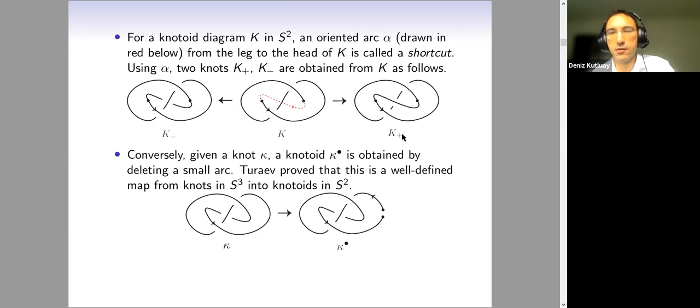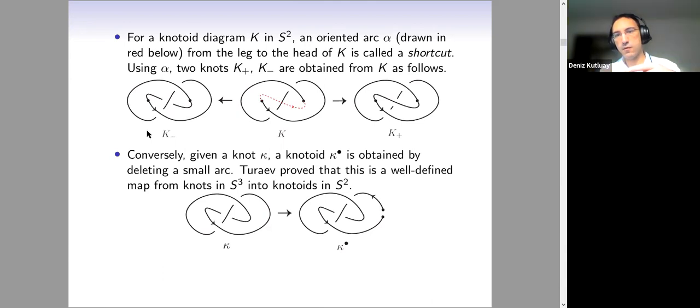Yes, that is correct. But what I'm saying is that if you forget about the K plus and only look at K minus, K minus is a well-defined knot, independent of the choice of the shortcut alpha. I can choose it something really weird, like it goes all the way around, but still, if you let it go under everywhere in that picture, this K minus, you can isotope it to this.